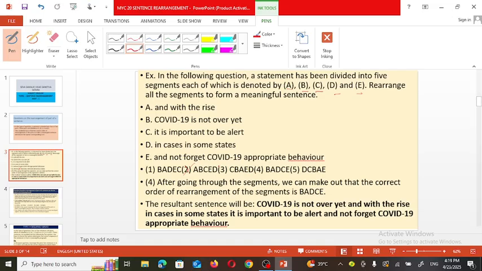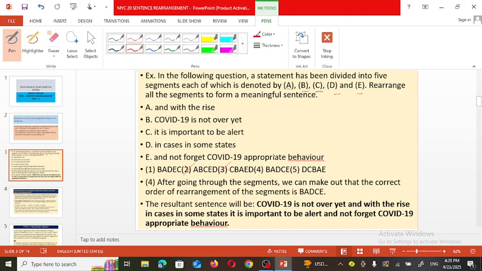So after C, B won't be there, so do not consider the third option. Now see the fourth one: B, A. Here the B part is "COVID-19 is not yet over", and with the rise, it is important to be alert.